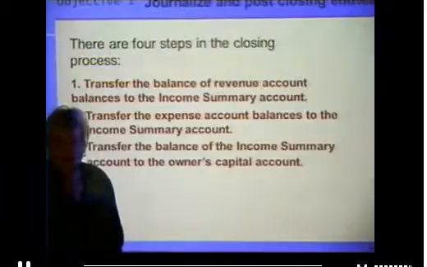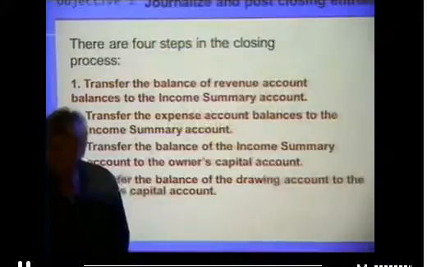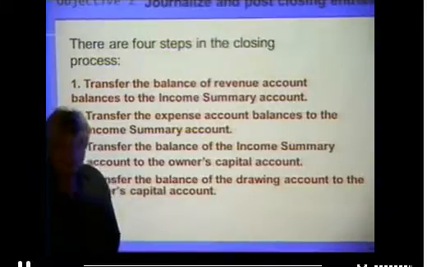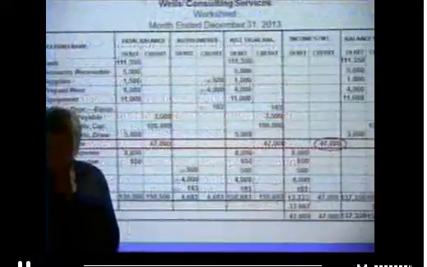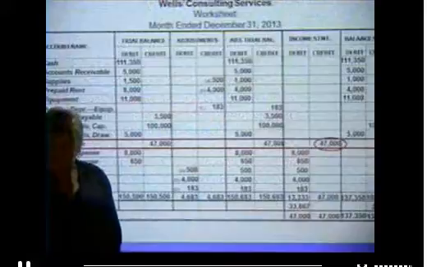Then we take the income summary, because now it contains our net income, and we put it into the capital account. And then the drawing account has to be dumped, because you've got to have all those temporary accounts ready for a new accounting period. You zero out the income summary at step 3, right?